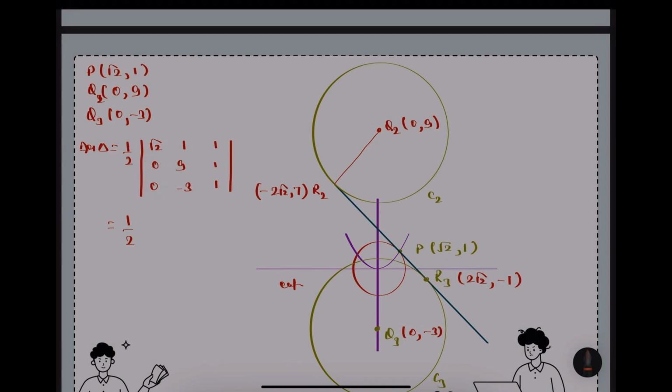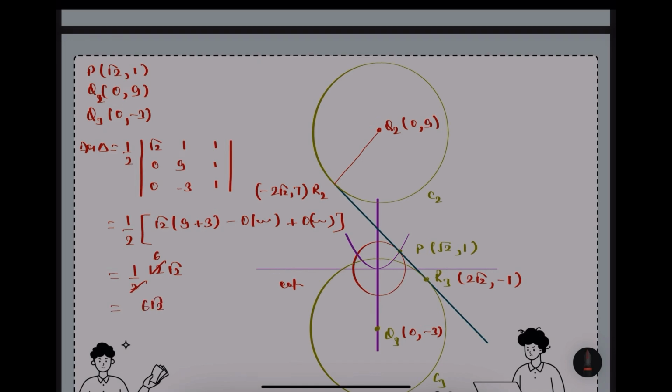So it is root 2 times (9 plus 3), minus 0 into anything plus 0 into anything. Now 1 by 2 times root 2 times 12 is 6 root 2. So again we got 6 root 2 square units.